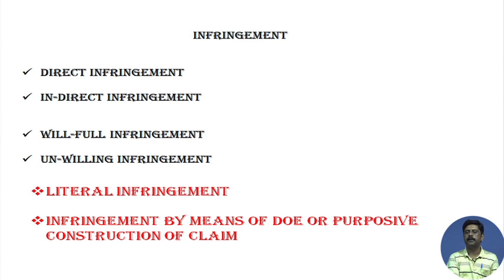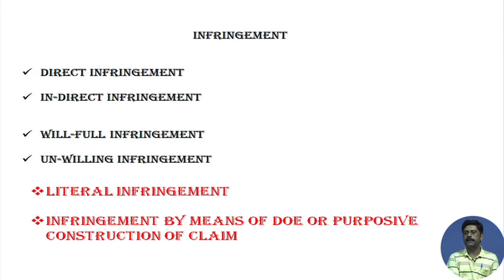So, let us say somebody has a patent on a joining means, and he referred specifically to a brazing joint. Now, somebody has created a soldering joint, replacing that brazing joint, but the brazing joint and soldering joint perform substantially the same function. Whatever way the brazing joint was used, in the same cases the soldering joint is also used.